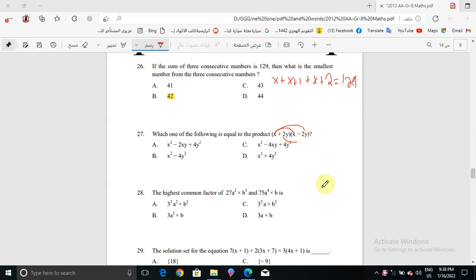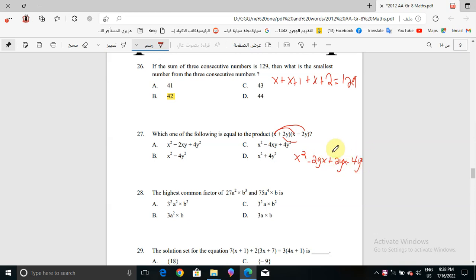Then after multiplying it, we will get x squared minus 2yx plus 2yx minus 4y squared, right?